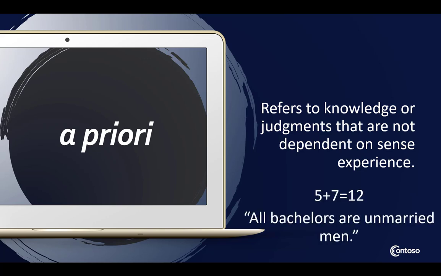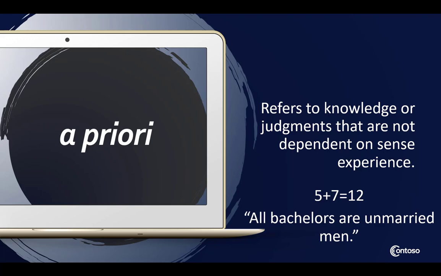So for instance, I can know that 5 plus 7 equals 12 without going out and finding 5 things and 7 things and counting them together. Okay, so this is how you can do more advanced mathematical problems without having to find sensory experiences to justify that.